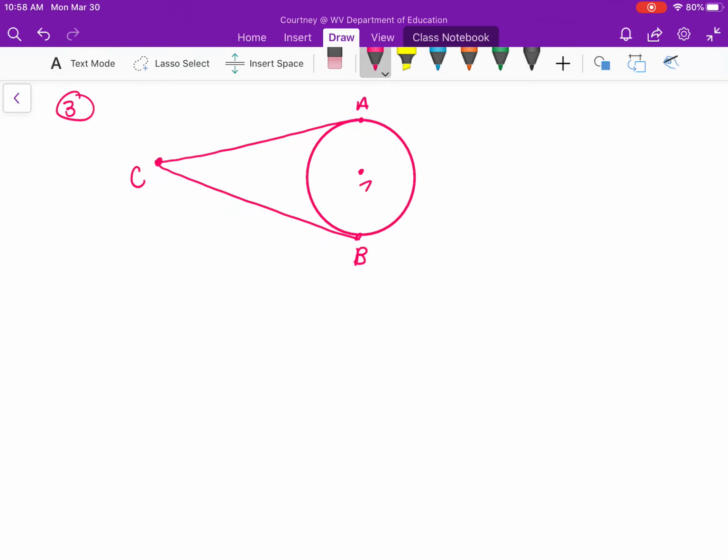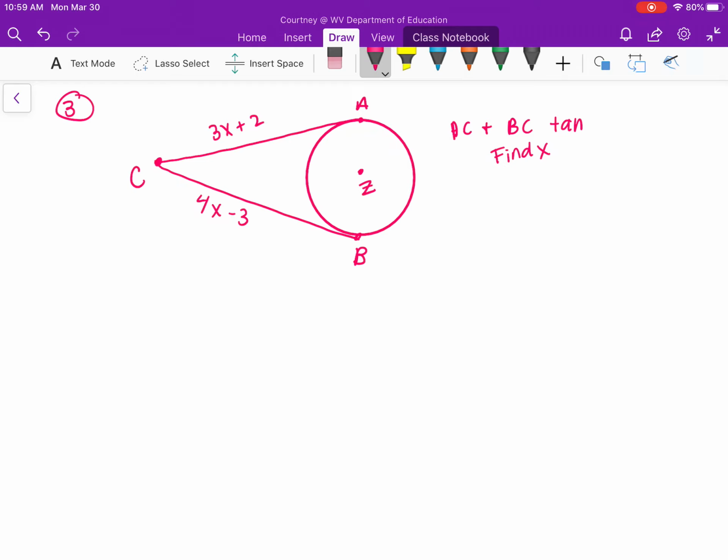And our circle is circle Z. Remember, circle is always named by the center. So AC and BC are tangents. We want to find x, and we have 3x plus 2 and 4x minus 3.